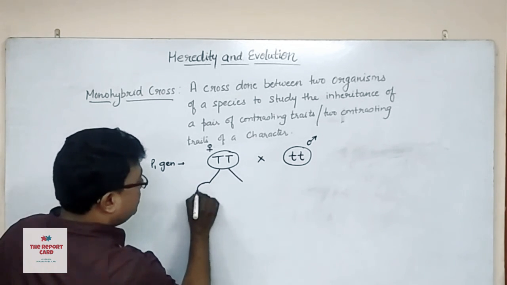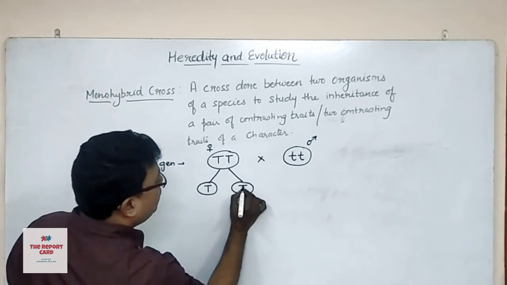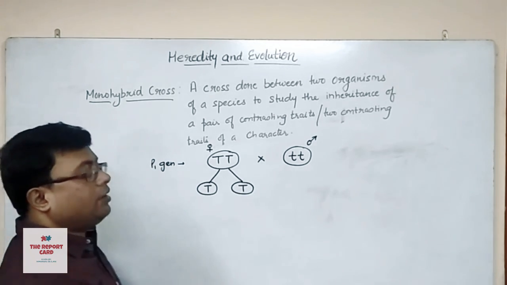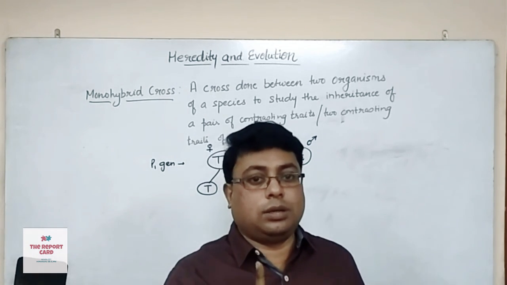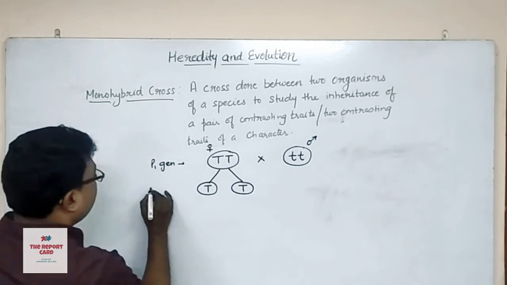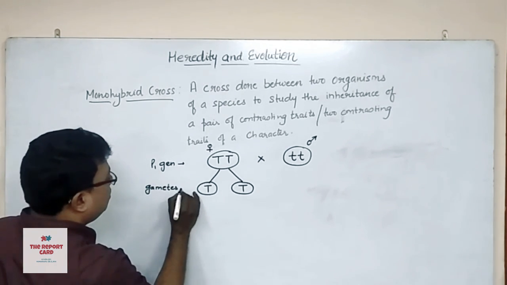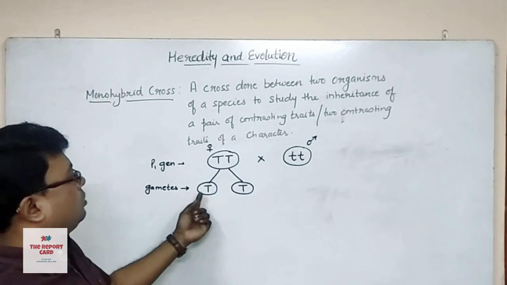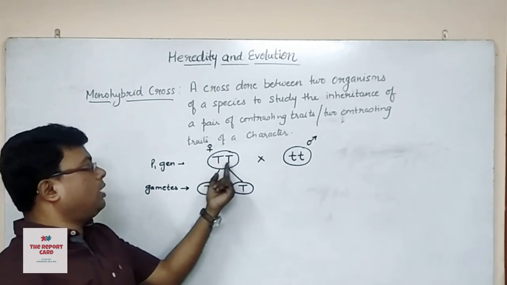Since gametes are always haploid, only one allele for every trait will enter into the gamete. Always remember that. Okay. So we are going to write down the gametes. This is a female. There are two gametes, since there are two alleles.